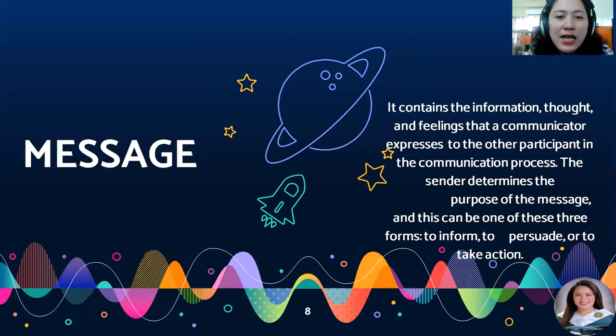So even silence has an intended meaning. So even if you don't hear a verbal response to the message you send, still communication happens. So the sender determines the purpose of the message, and this can be one of these three forms.